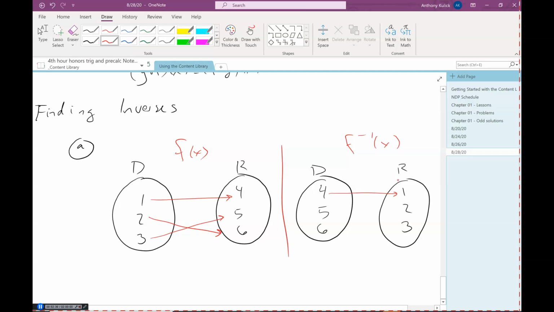Have to go back to 1. Where would 5 have to go to? Back to 3. And where would 6 have to go to? Back to 2. So what are we doing here when we find an inverse from a mapping diagram? We're basically just reversing all the directions, right? We swap the domain and range and everything, and we just reverse the arrows.